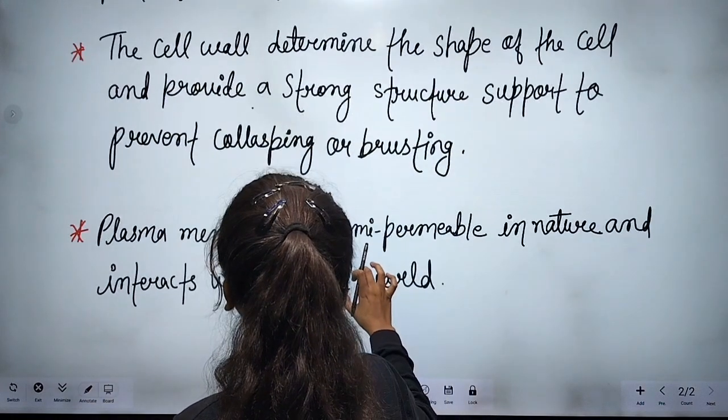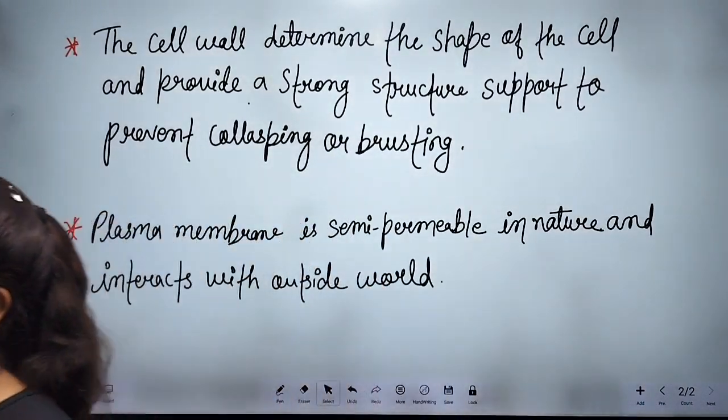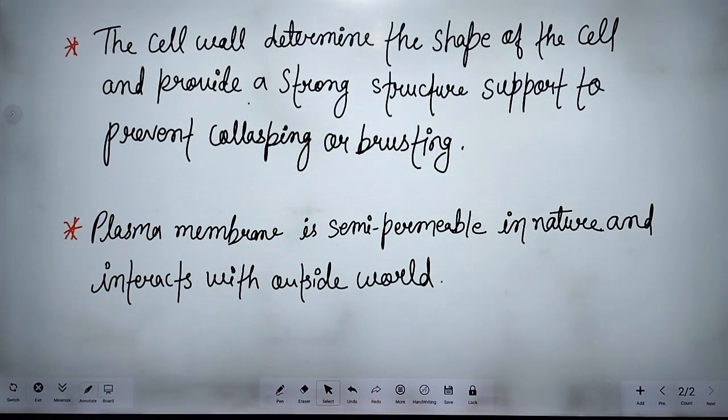That is, the plasma membrane is semi-permeable, which means it allows certain things to pass. It is given that it is semi-permeable in nature and also interacts with the outside world. And the same membrane has a similar structure in the plant cell or animal cell, or we can say in eukaryotic cells.